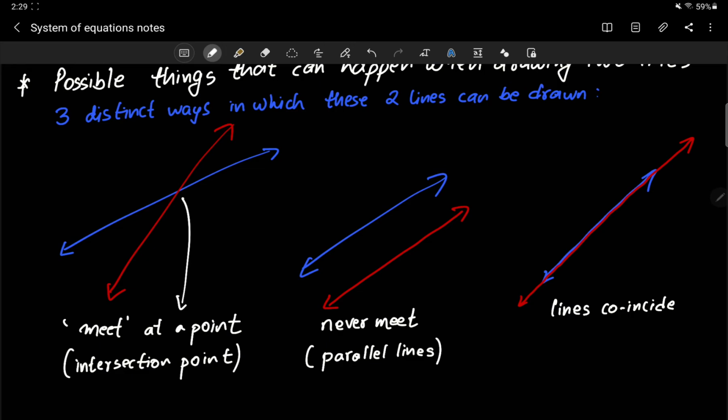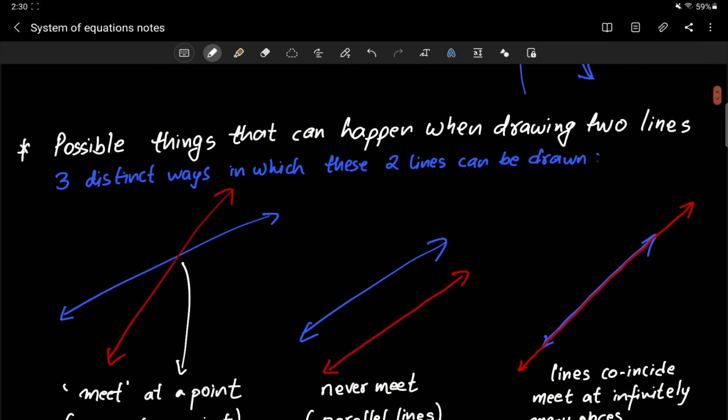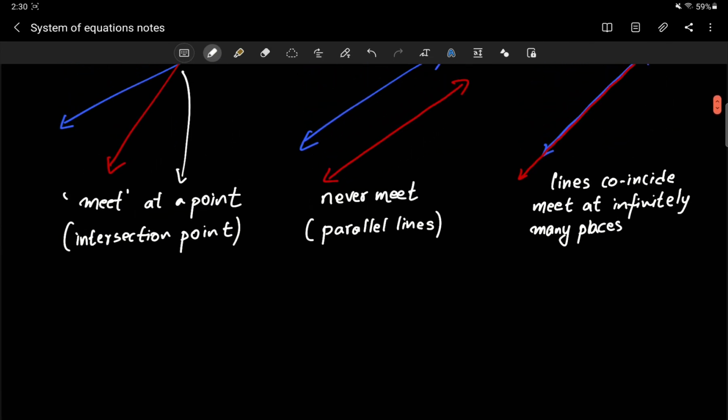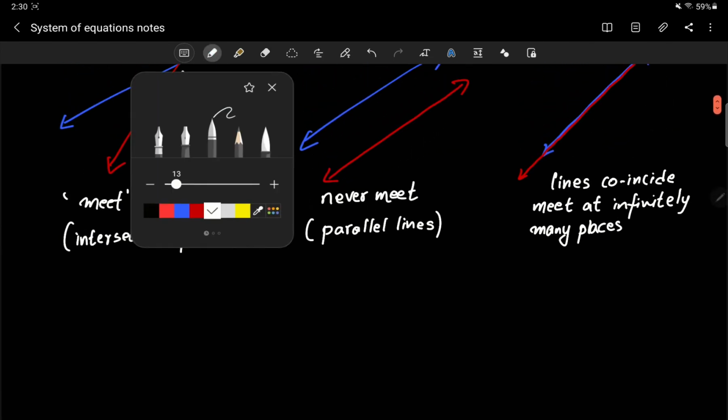And in this third case, in a way, we can say they meet at infinitely many places, or they meet everywhere. So when you have two lines, these are the three different ways in which you can draw them.